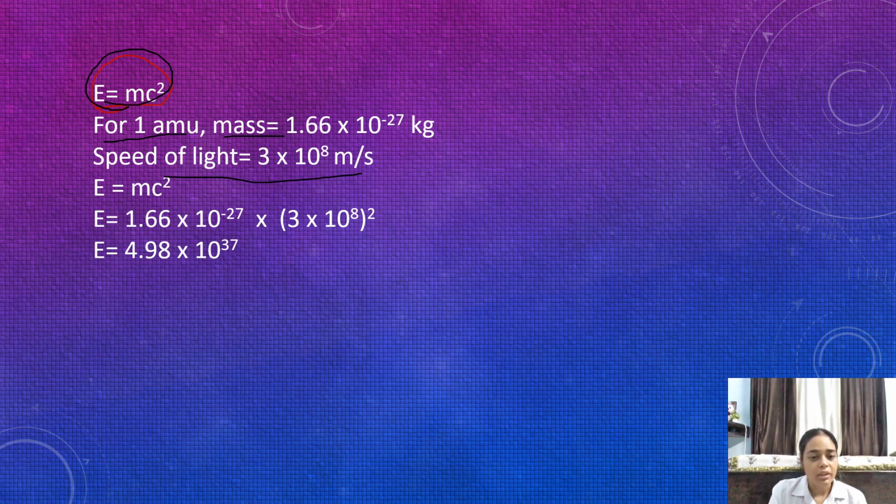After putting all the values, can you see the amount of energy that is produced? 4.98 into 10 raised to power 37 joules of energy is released. This much energy is produced by 0.2 AMU of mass.